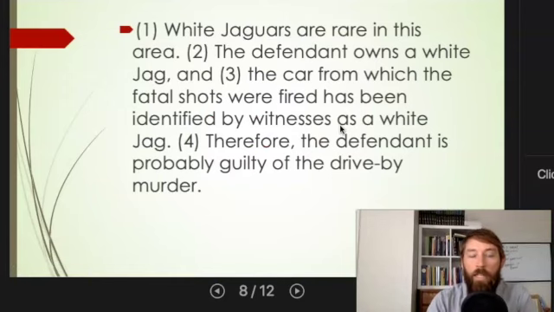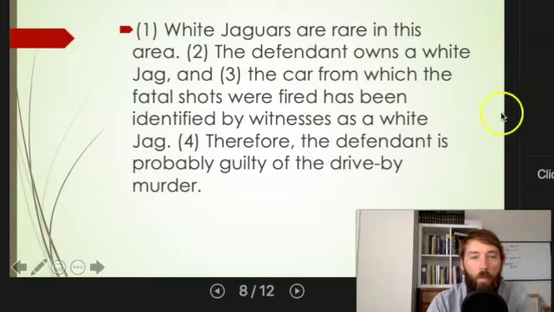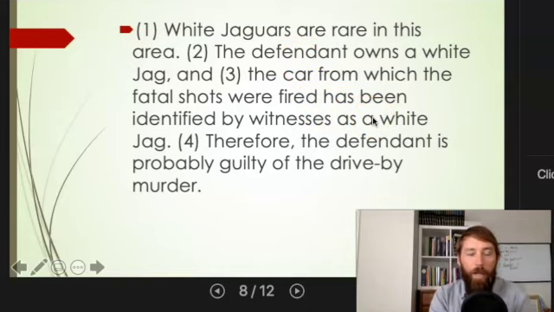Because if we left any one of these out, then it's going to weaken or destroy the support the other premises give. So if we left out the fact that white Jags are rare in this area, then that's going to weaken this argument tremendously. Just the fact that the defendant owns a white Jag and the shots were fired from the white Jag doesn't mean that the defendant is probably guilty if we live in an area where everybody's got a white Jag.